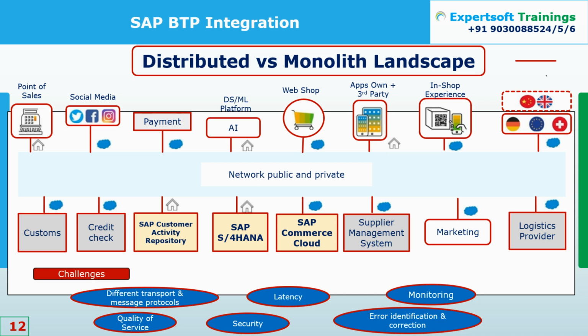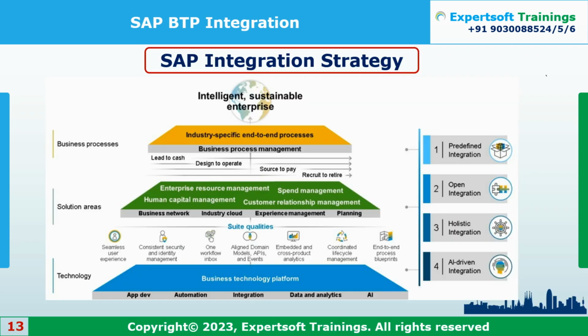Next, integration strategy. As I explained in the previous slide, we have predefined integrations, which are nothing but the discovery component, and open integrations, where you can design your own integrations.